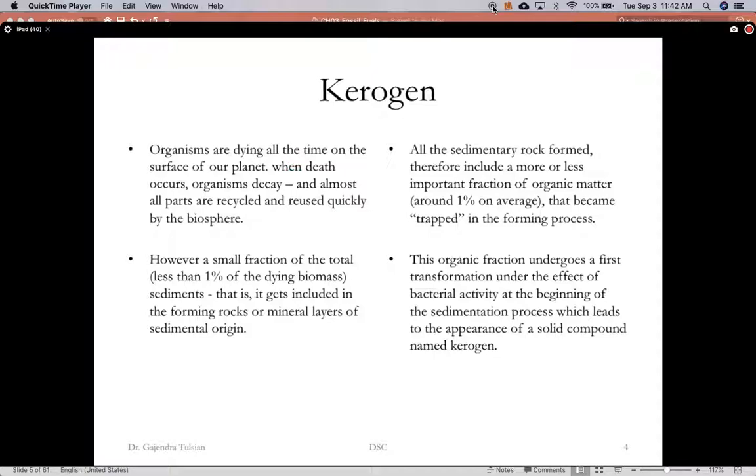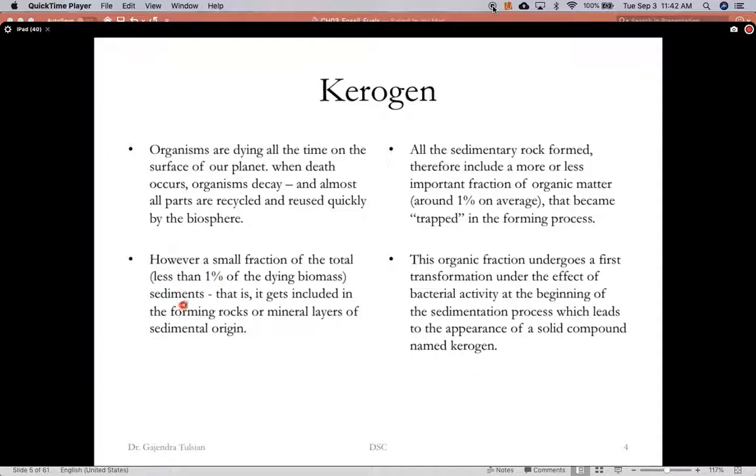Organisms are dying all the time. When they die, they decay, and almost all parts are recycled and reused by the biosphere. However, a small fraction, 1% of the dying biomass, sediments.